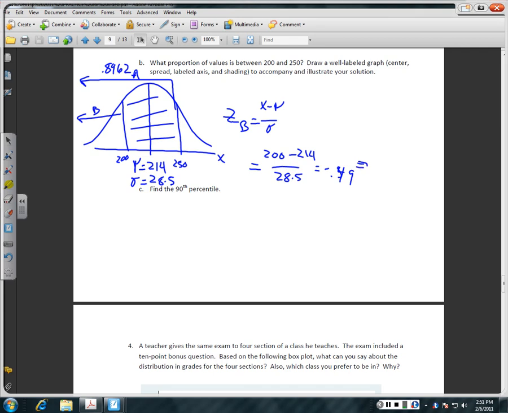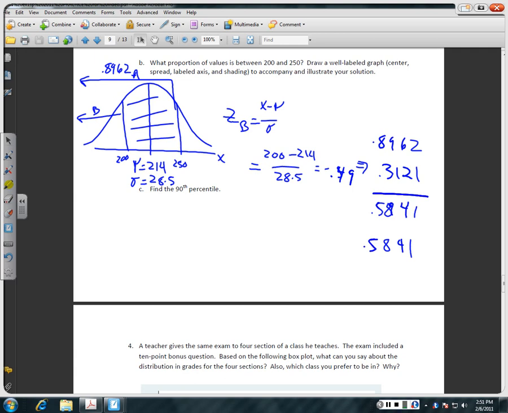When I looked that up in the cumulative z table, I found 0.3121. And I'm going to carry that 0.8962 over here and then subtract, and I got 0.5841 for the final answer there.